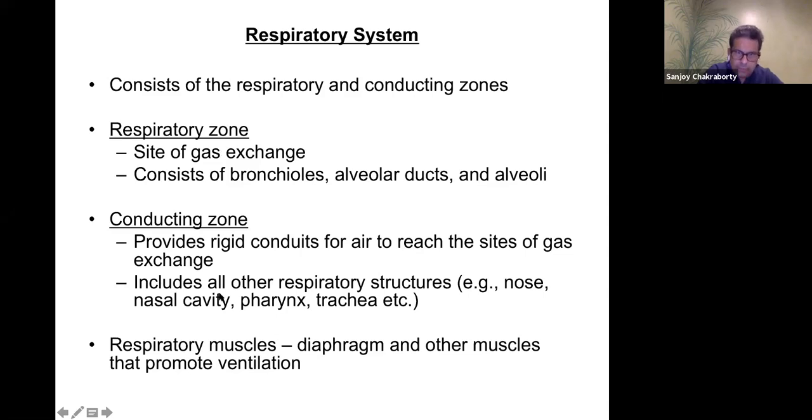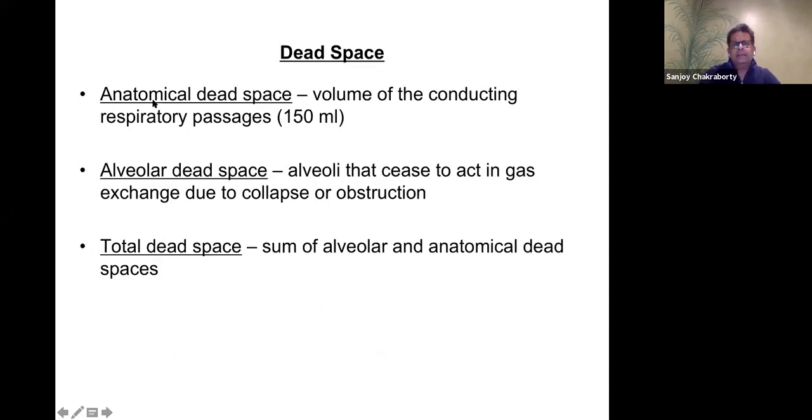Whatever volume of air is stuck in here when you're breathing in, we call that anatomical dead space volume, meaning that volume of air has no respiratory function. In other words, it does not participate in the gas exchange.